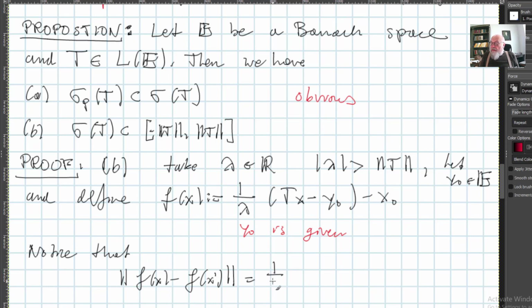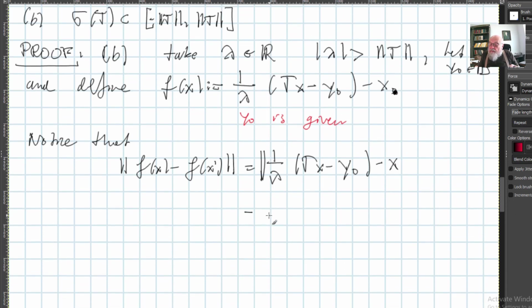This is 1 over lambda times Tx minus y0, minus 1 over lambda times Tx prime minus y0, and what do I get here?